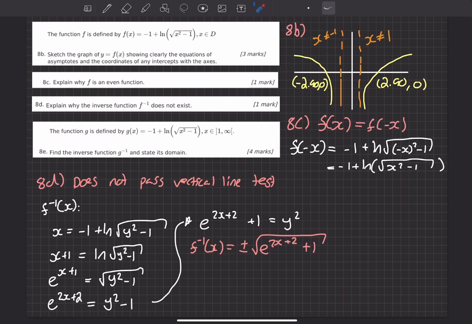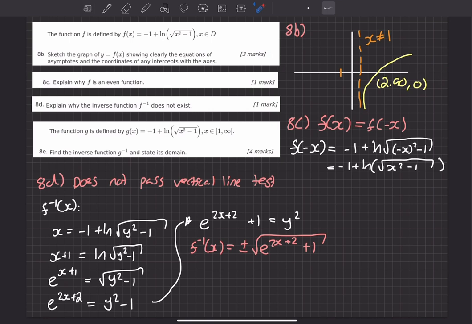Okay, pretty simple. Now we get to the last part, where the function g is defined by this, and now they give you a domain restriction. Since the domain is restricted to 1 to infinity, if you go back to the original function here, the domain is restricted to this, meaning that we can just take all of this out. This is our function now. Find the inverse function and state its domain. We just found the inverse function here. Its domain now would be the range of the original function.